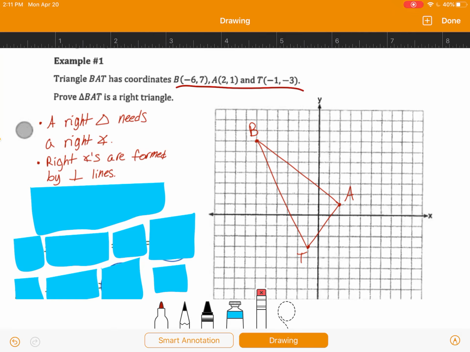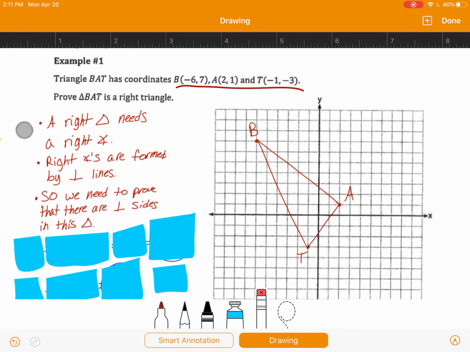So we're going to try and say that BA and AT are perpendicular because perpendicular lines form right angles, and that means that angle A is a right angle, which means this whole triangle is going to be a right triangle. So that's where we're going.